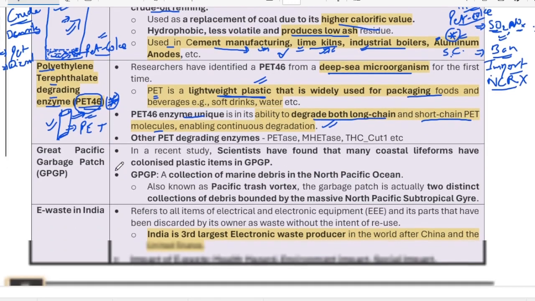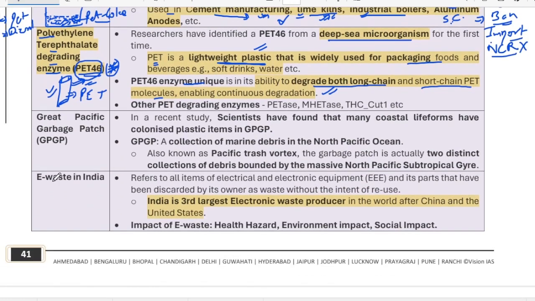Now moving ahead, e-waste in India. What is e-waste? E-waste, also called electronic waste, is waste occurring from end-of-life electronic products, like your mobile phone or laptop or anything made of electronic items, if it has ended its life and you just throw it out.